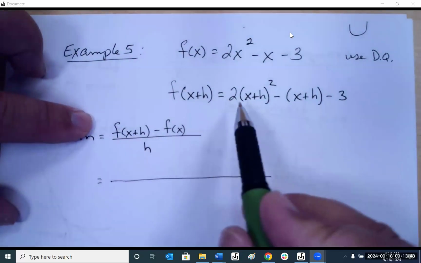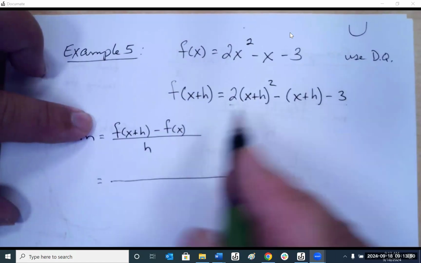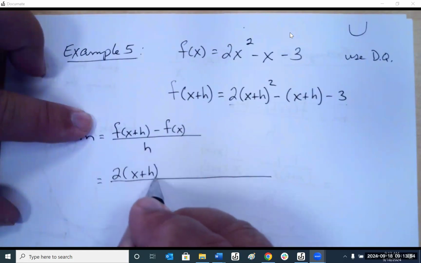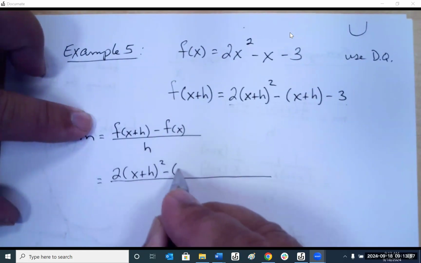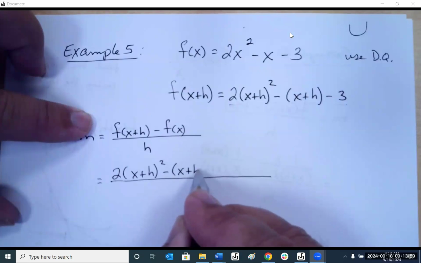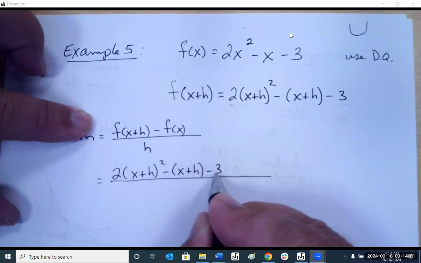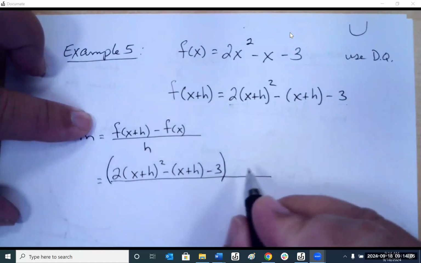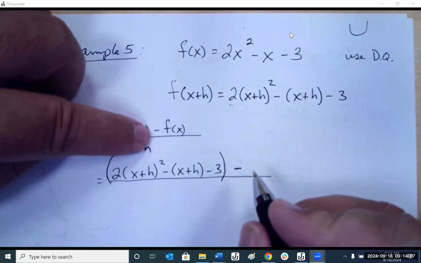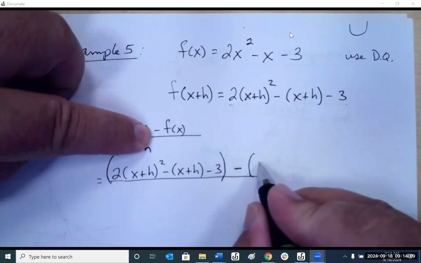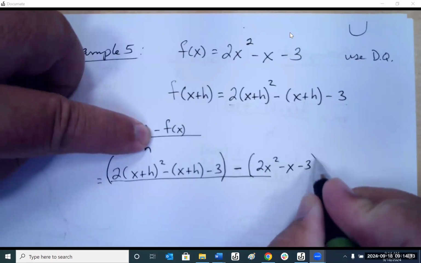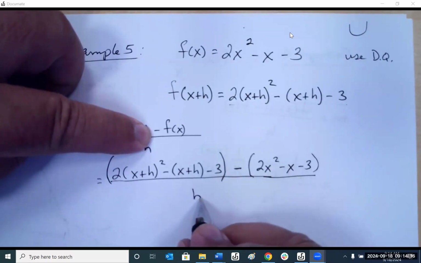So f of x plus h is this whole thing right here: 2 times (x plus h) squared minus (x plus h) minus 3, minus the f of x, which is 2x squared minus x minus 3, all over h.